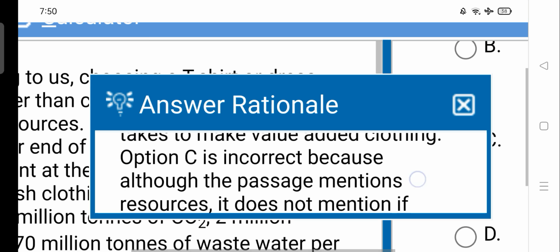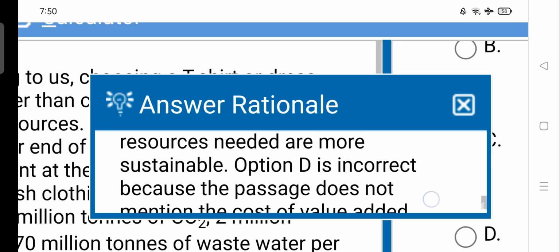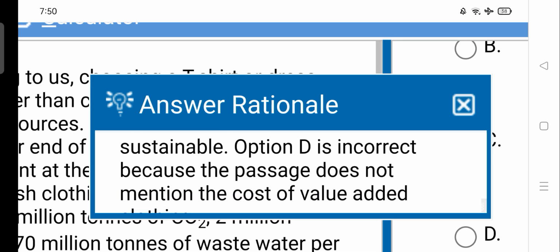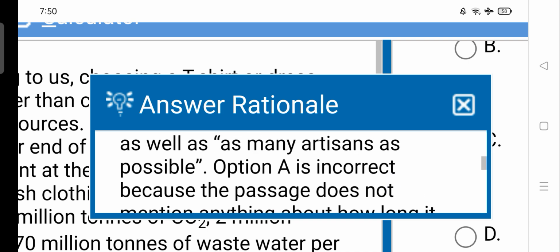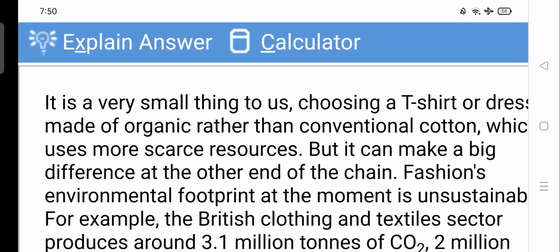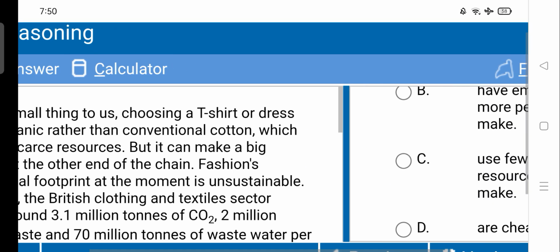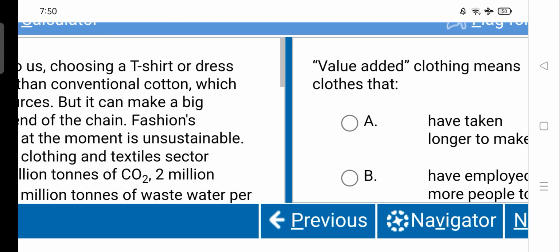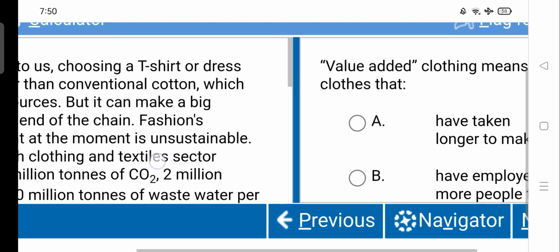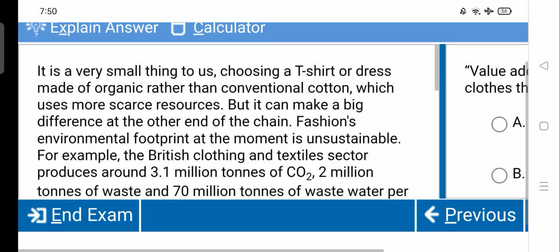Option D is incorrect because the passage does not mention the cost of value added clothing. So that's why option B is the correct option. You can use value added as a keyword to find your answers from these passages.